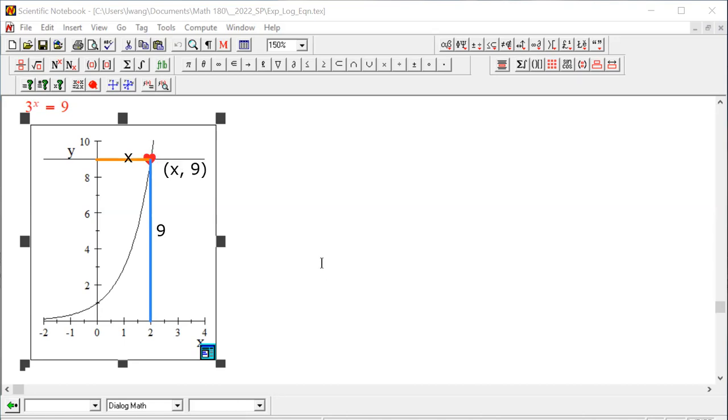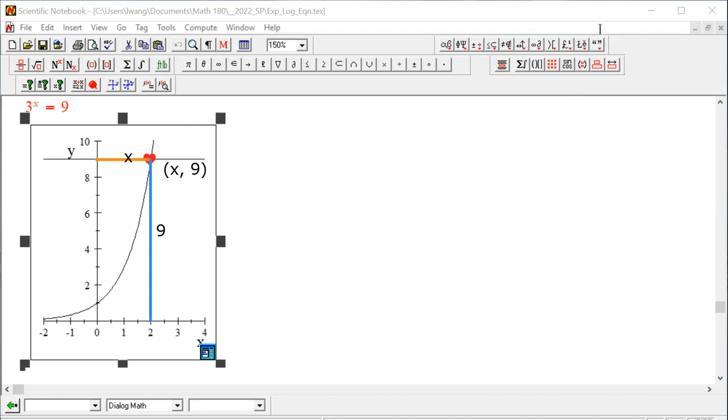So this is the context of this question from the function perspective. You can see this is very similar to the equations we've done before, the trig equations and so on.